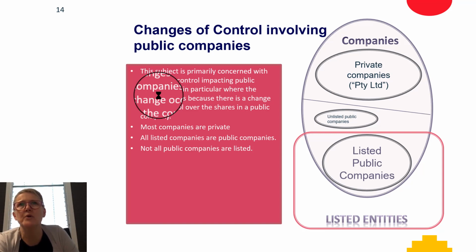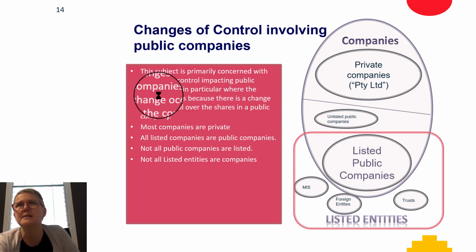It's also worth remembering that just because you're listed doesn't mean you are a company, and in relation to MISs, so managed investment schemes, foreign entities, and trusts, the rules may or they may not apply.